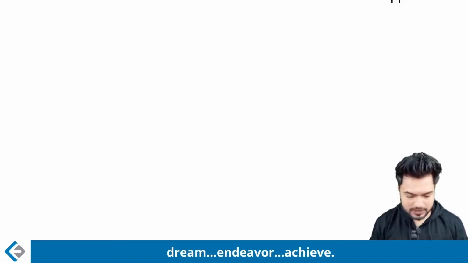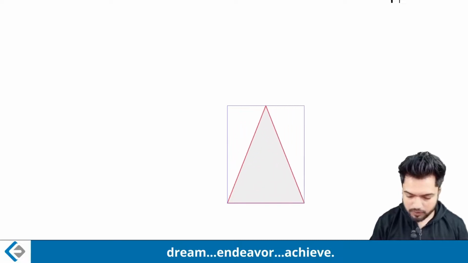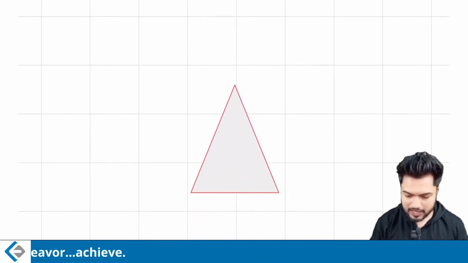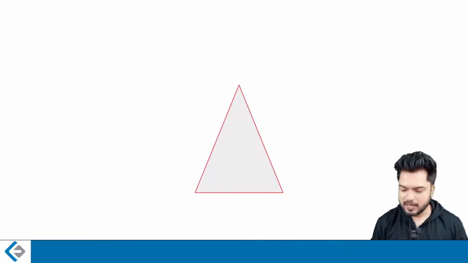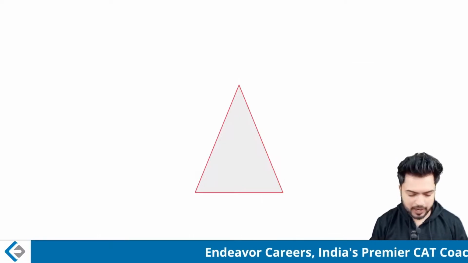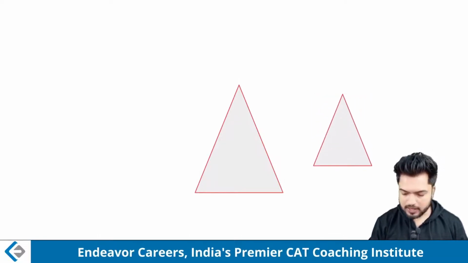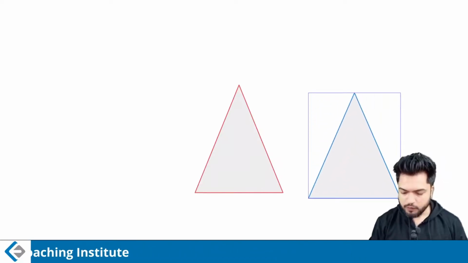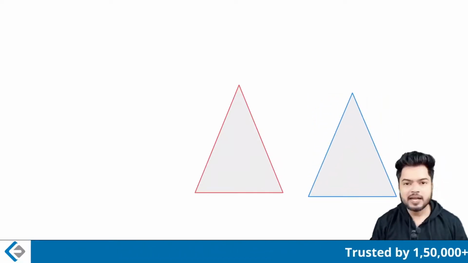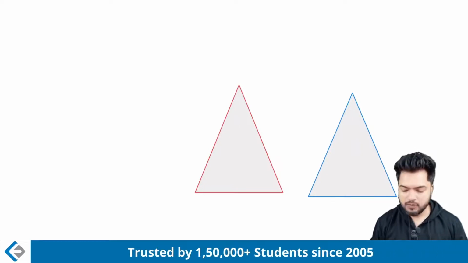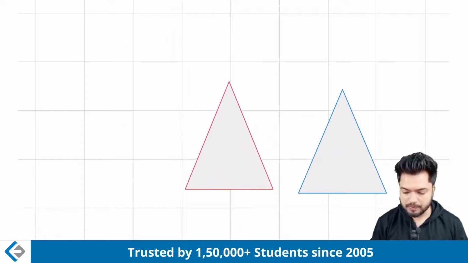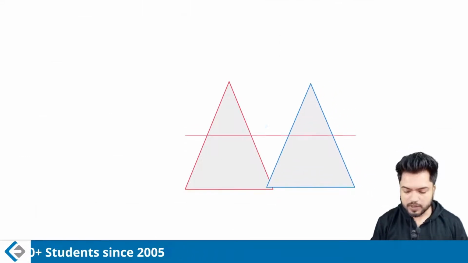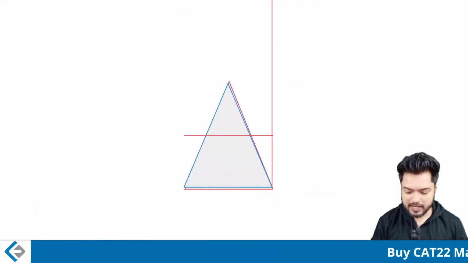So if I say that the two triangles are congruent, what is the meaning of this? Say this is a triangle, a red triangle. And if I draw one more triangle, let's say a blue triangle, which I put here, when do I say that the red triangle is congruent to the blue triangle? When I can superimpose them. What is the meaning of superimpose? I can take this triangle and keep it on this one.